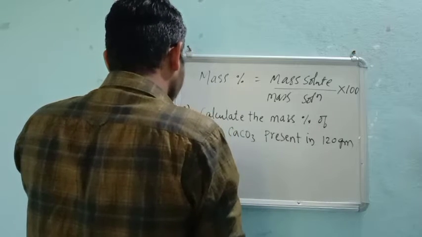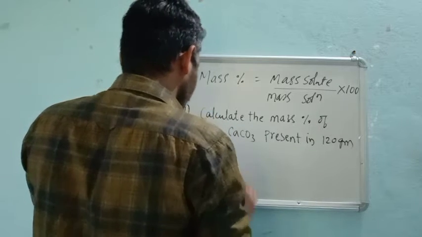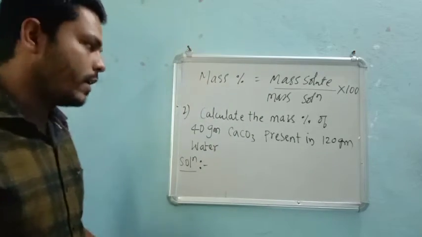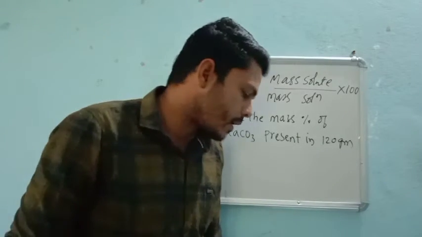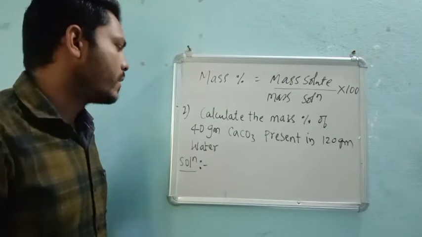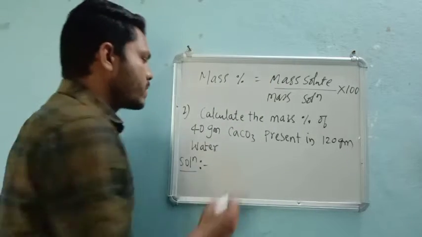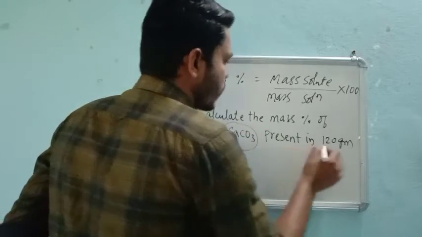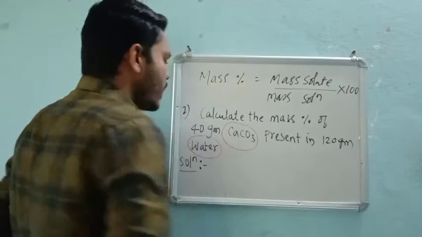First, among these two, you just see which is the solute and which is the solvent. There are two quantities, one is CaCO3 and one more is water.